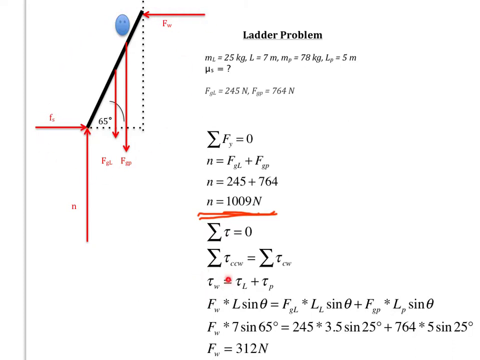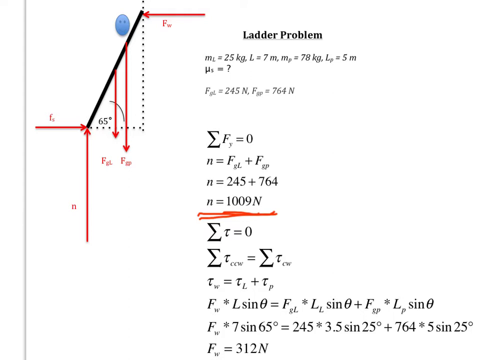So there's the torque of the wall, which is the force of the wall times the length from the bottom up to there, times the lever arm, which would be the sine of that angle. How do I get the lever arm to be the sine of the angle? Well, that's a good question. Let's change colors, let's go to green.